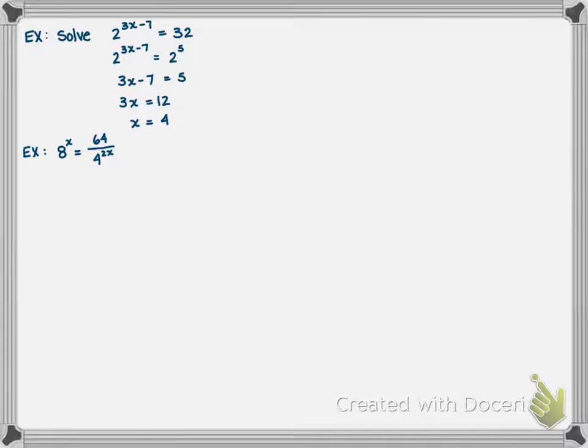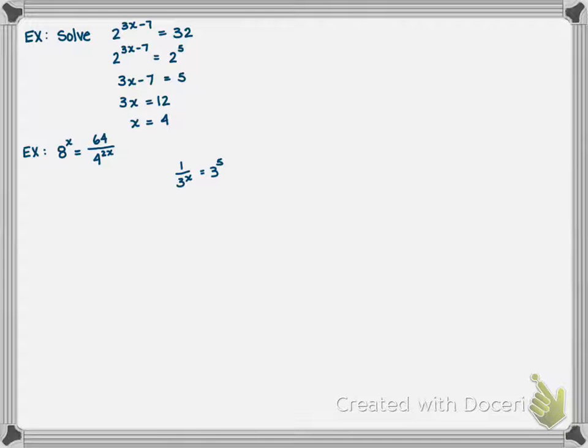Okay, so there are a couple places in these problems where it's common to get a little bit stuck. One of them is when you're dealing with fractions, because if you have 1 over 3 to the x equals 3 to the 5th, you don't have common bases. Well, you kind of have common bases, but the left side of the equation is not written as a single exponential expression.